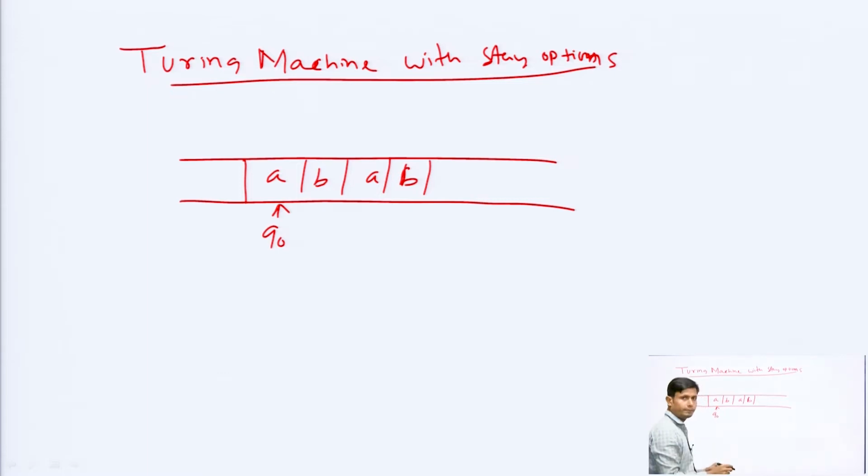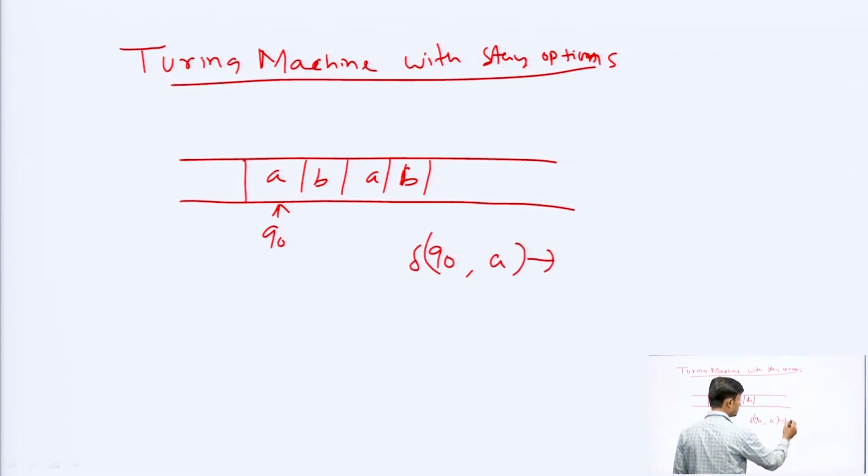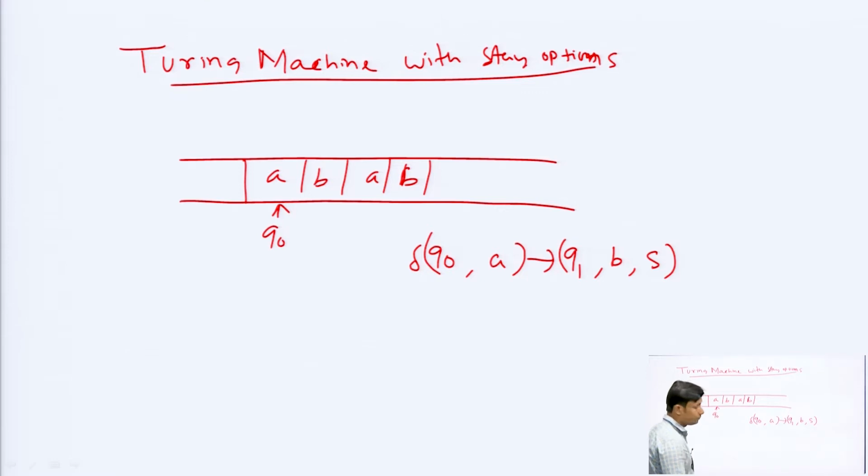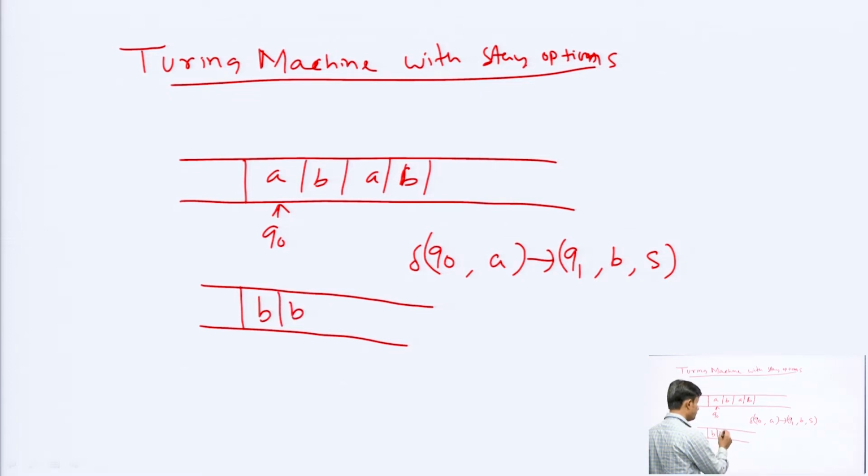Your head will stay; I have written here, suppose Q0, this is A and goes to Q1, and this is B and S. This means your input A will be replaced by B and your head stays here only, you cannot move anywhere. Now this is B, B, A, B, this is Q1. The head position remains the same.